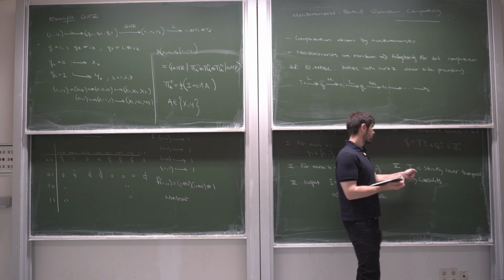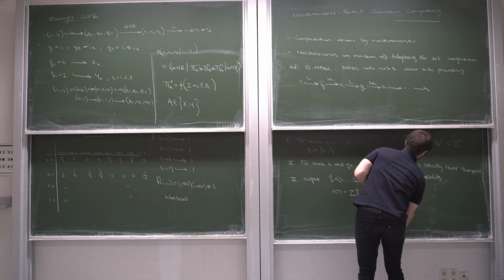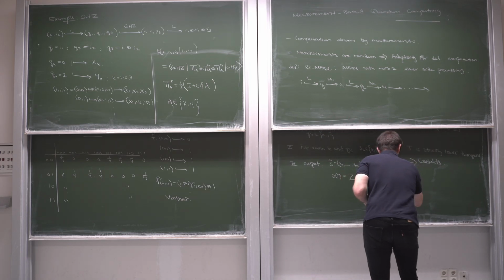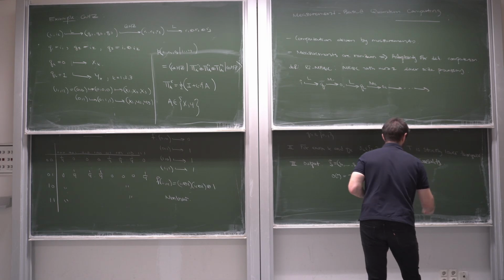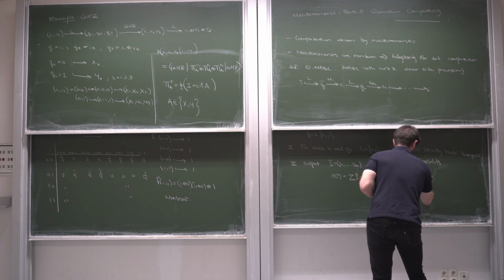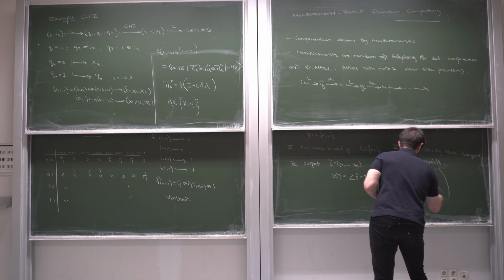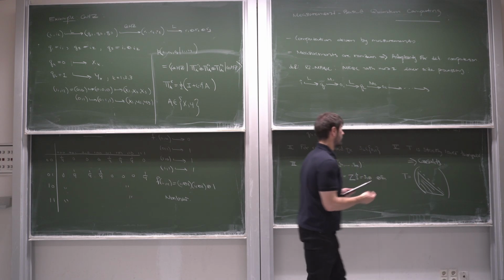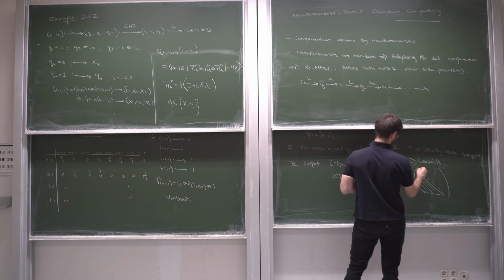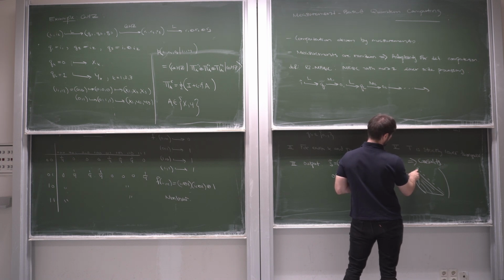So if T is strictly lower triangular, what does that mean? What that means is that the first measurement input is not determined by the outcomes; because of the strict condition, it's not going to depend on S1 at all.